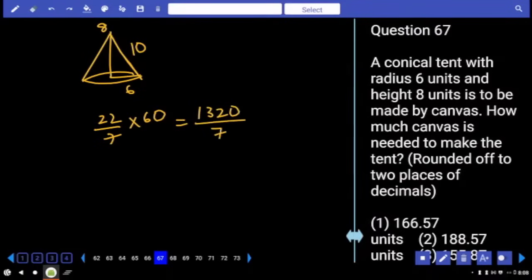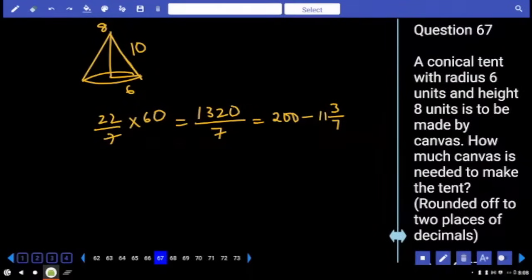Which is equal to 1320 by 7. Can I write my numerator as 1400 minus 80? 1400 minus 80 divided by 7. 1400 by 7 is 200, minus 80 by 7. 7 11 times is 77. How much is left? 3 by 7.